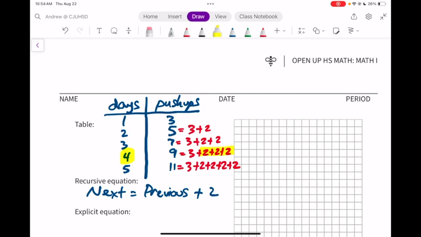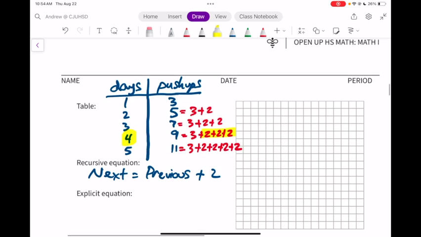Now we're ready to generalize to our explicit equation. That would be D for day, day sub n, equals start at 3 and add a number of 2's. How many 2's? 1 less than the day.